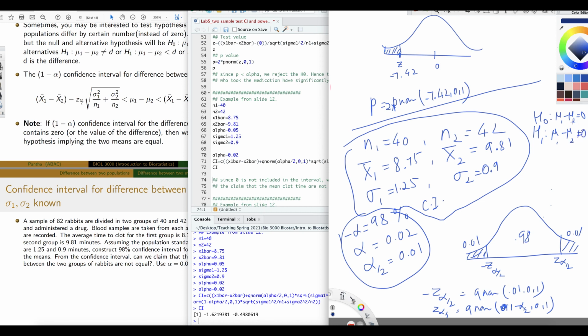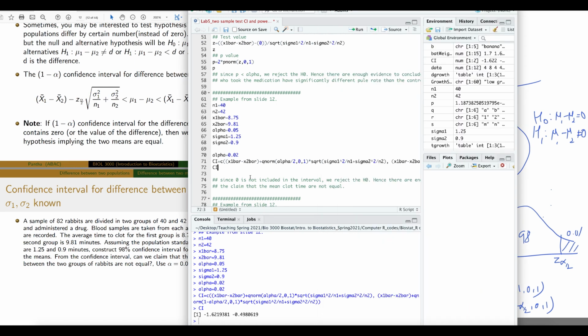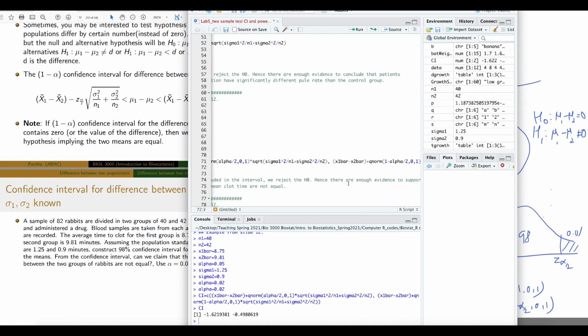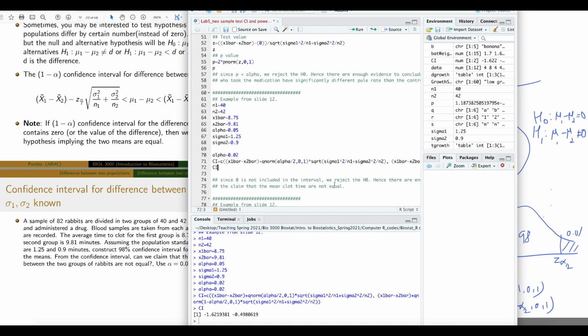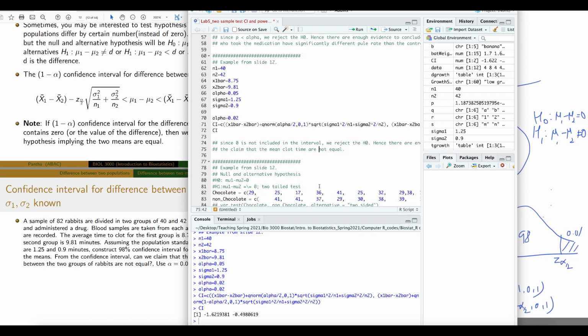Since 0 does not fall in this interval, we reject the null hypothesis. Okay guys, since 0 is not included in the interval, we reject H0. Hence there is enough evidence to support the claim that the mean times are not equal, or you can say the mean clock times are different. So this is how you can do it.